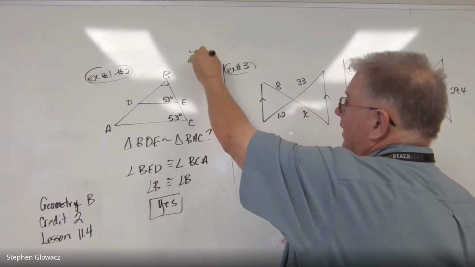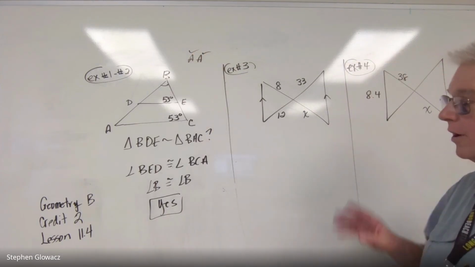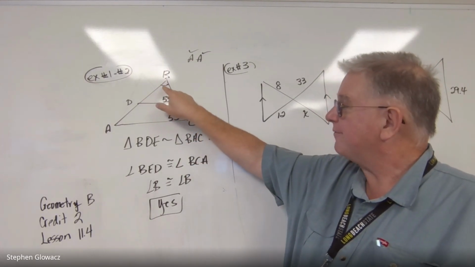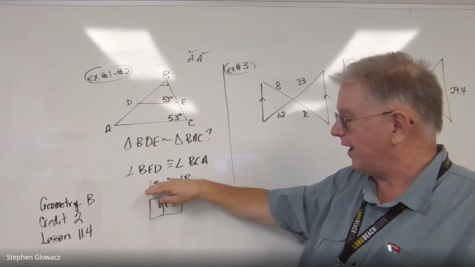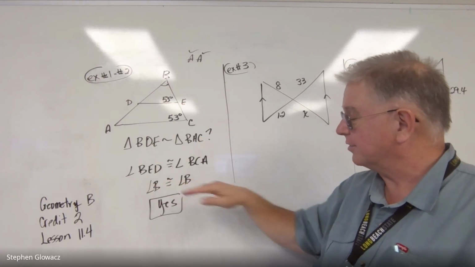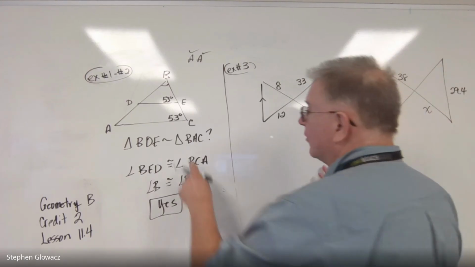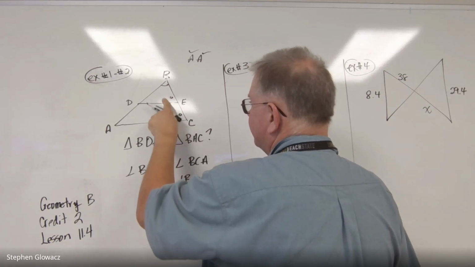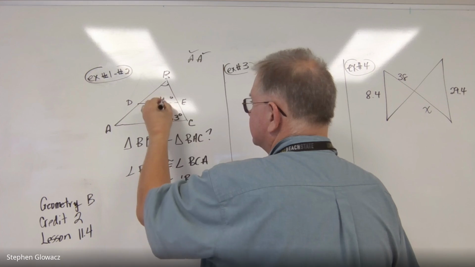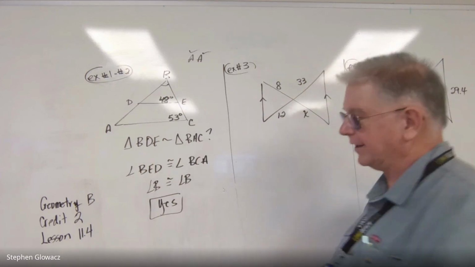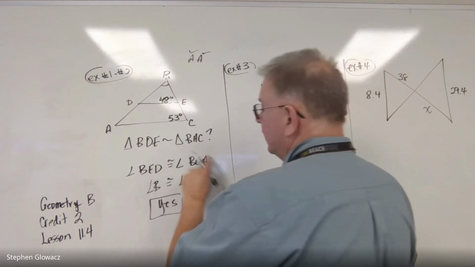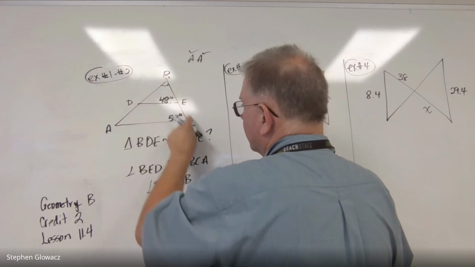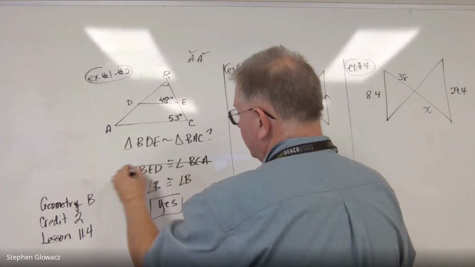And so since we have two pairs of angles that are congruent, we would say, yes, these triangles are similar by angle-angle similarity. Now, a word of note here. Regardless, with this diagram, we have this angle that is shared by both triangles. Angle B is congruent to angle B. However, if we were to change the measure of one of these angles, so let's say instead of 53, we were told that this was 48 degrees, then we lose angle BED being congruent to angle BCA, and we no longer have that.